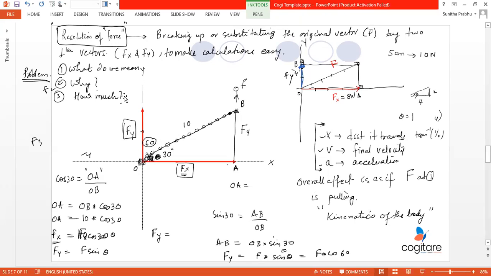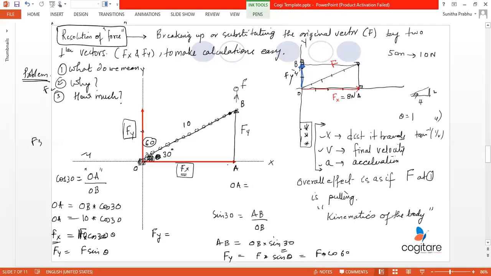So this 1, 2, 3, which I've put here, I just tried to explain what we mean by resolution, why we need to resolve the forces, and how to calculate Fx and Fy. A very important point to remember is that by doing this, you are not changing any of the parameters.